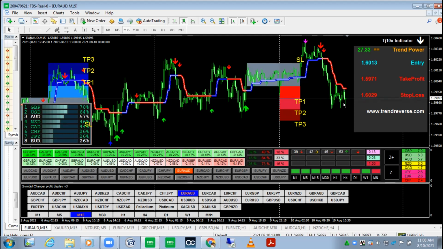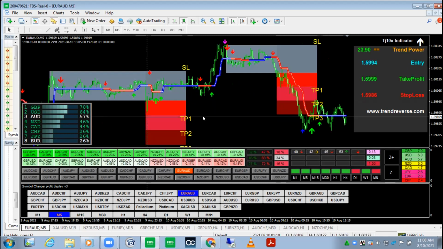Or you better still go to a lower time frame again to see, oh, on a lower time frame we've seen the reversal here. So what do we have to do? We get out of the market, waiting for a time when another down signal will come.